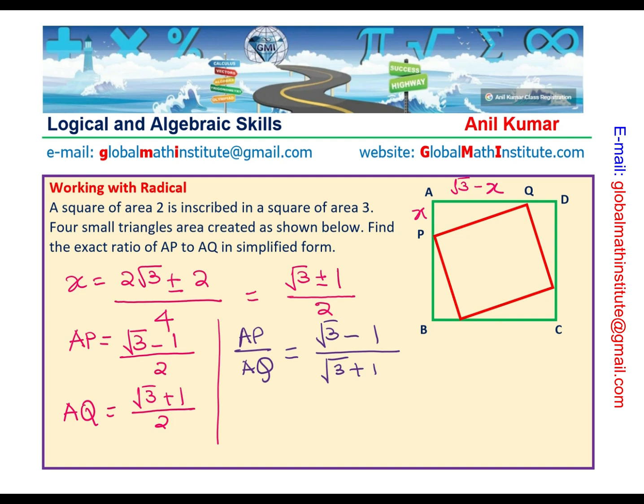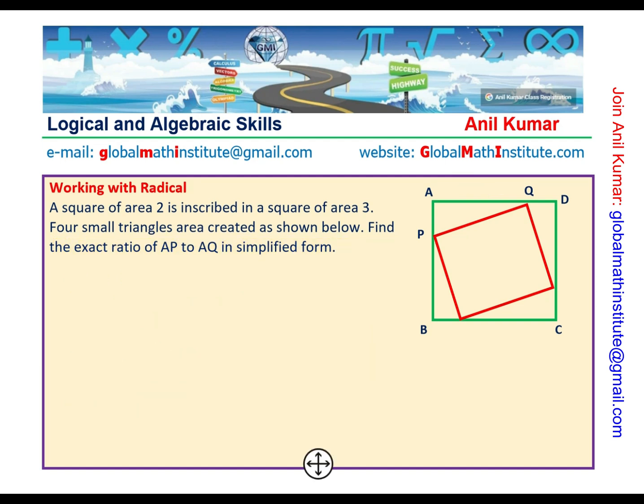Now, the important thing here is that we need to write this exact value in a simplified form, right? So how do you do that? That will be done by rationalization. So let's do this on a new page.